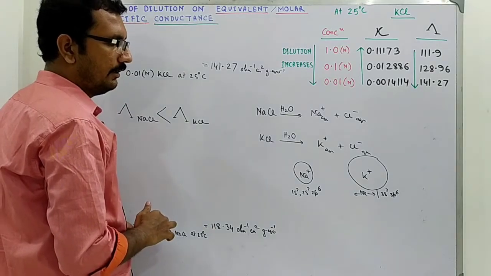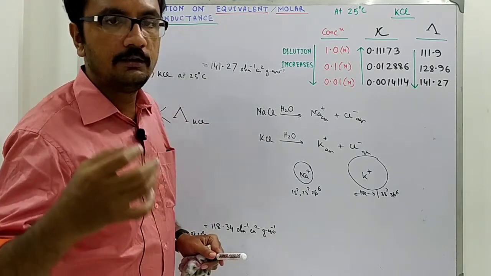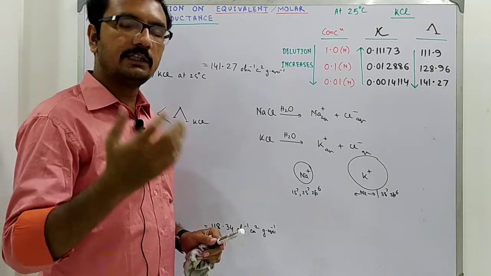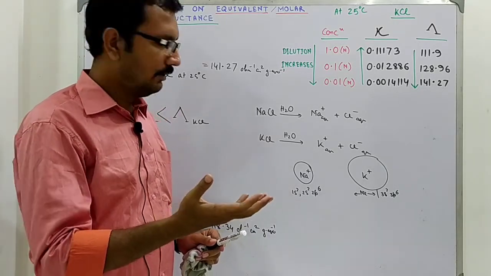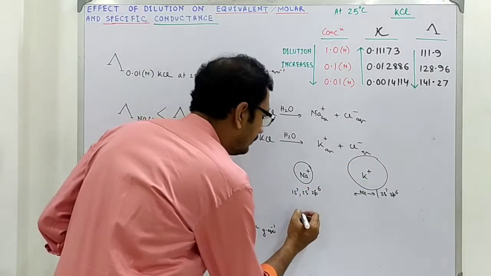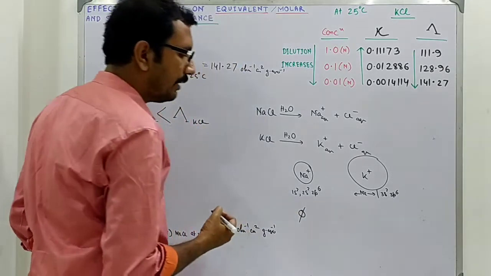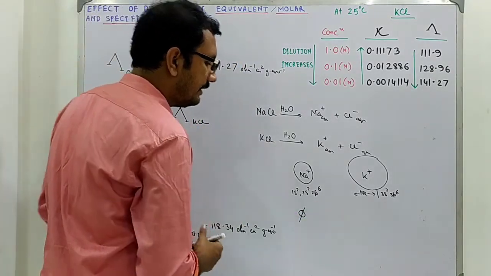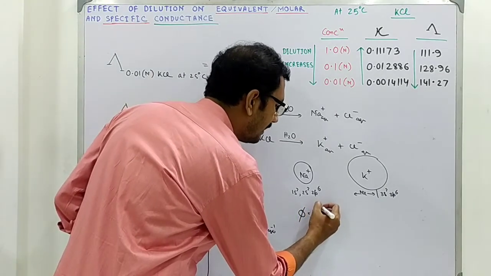Okay. Now, they both are carrying the same amount of charge, but potassium is having a greater radius. So, what will be the polarizing power? The polarizing power phi is defined as charge by radius.